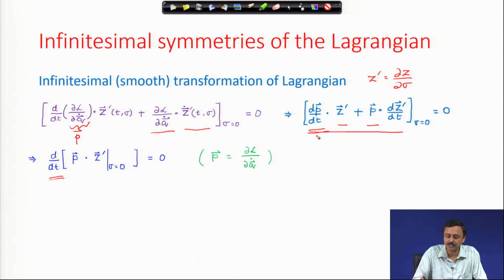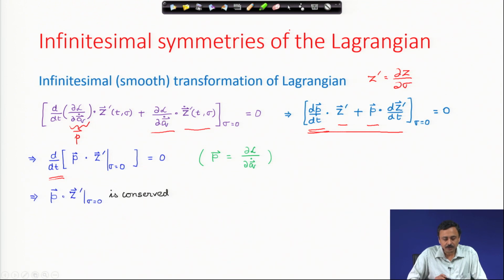So, I have pulled this d/dt out, and p of course is the generalized momentum. What this tells us is that p dot Z prime at sigma equal to 0 is a conserved quantity. Why?